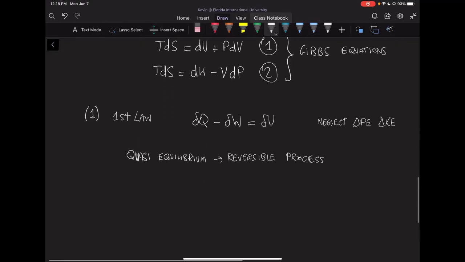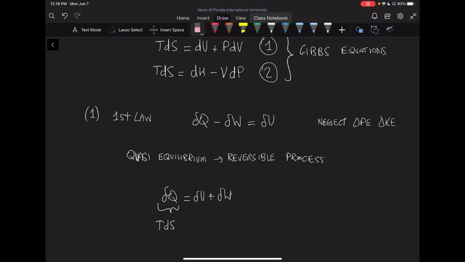We can rearrange this equation to say dQ is equal to dU plus dW, just by rearranging. And we know that dQ from our definition of entropy is actually equal to T dS.